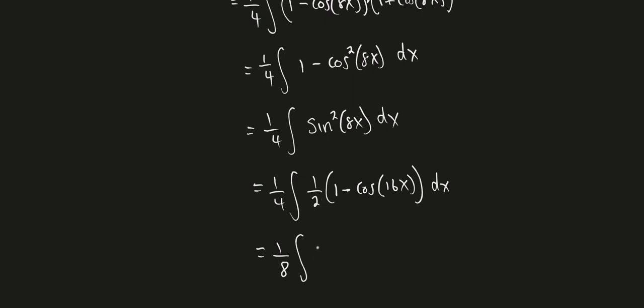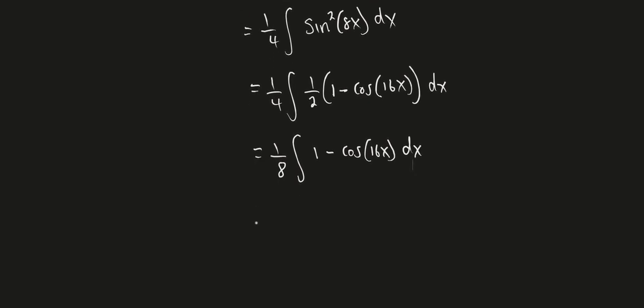So what we have is the antiderivative of 1 minus cosine of 16x dx, right? So nothing to FOIL out, no more powers of sine or cosine.